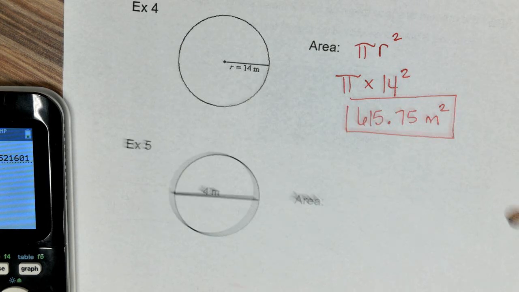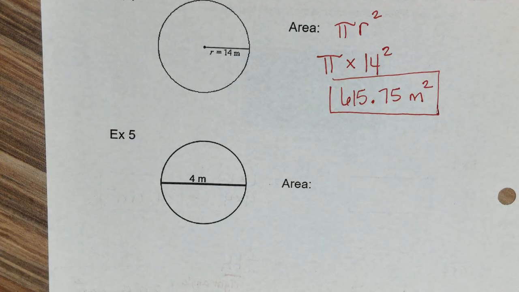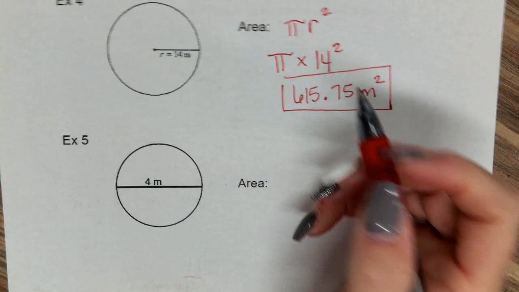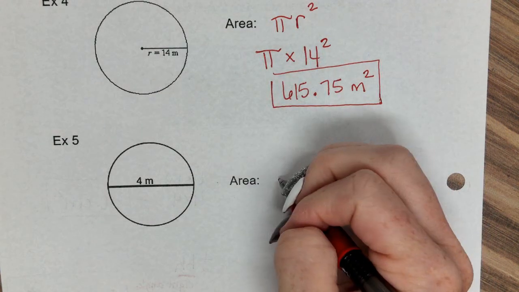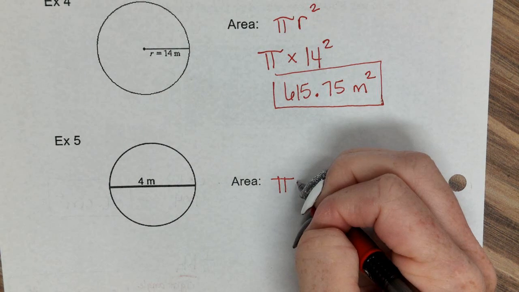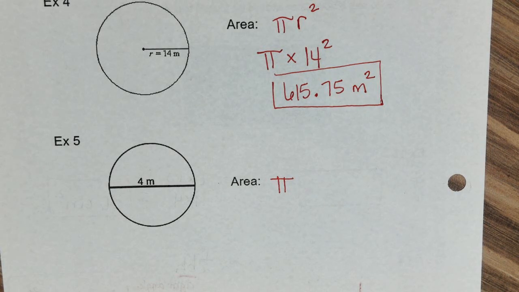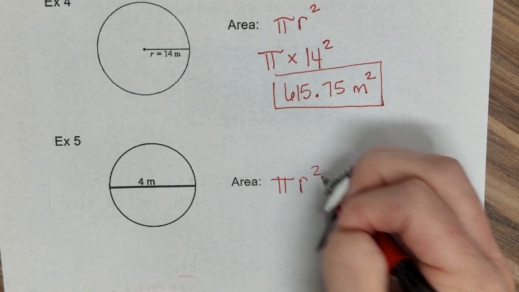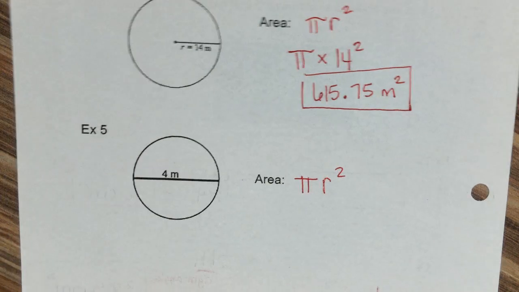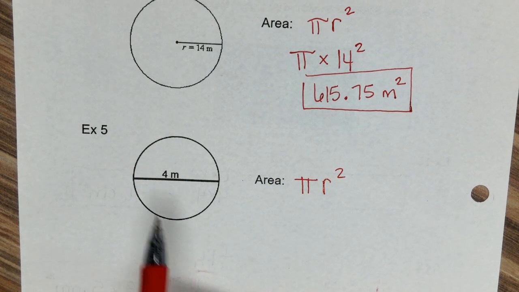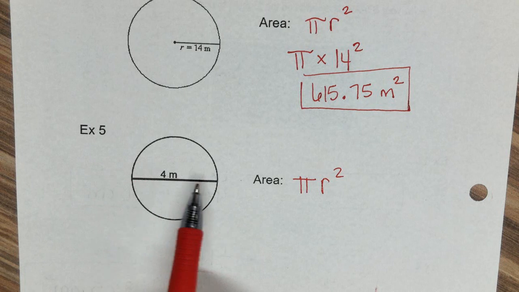Now look at the last example. How do you find the area of a circle? We already wrote it. How do you do it? Pi r squared. Now ask yourself, did they give you the radius?